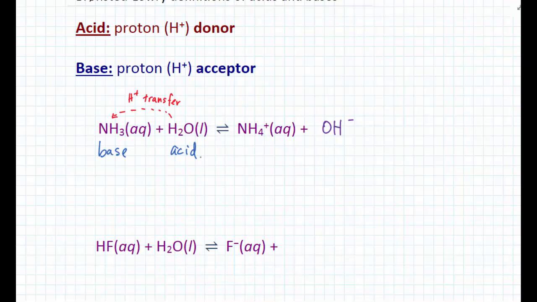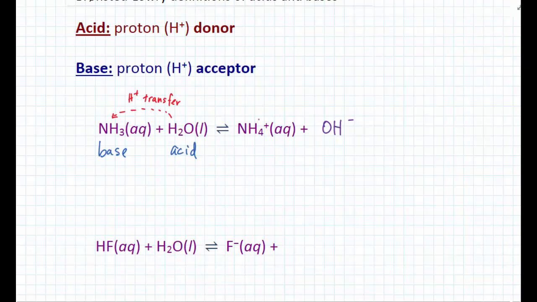And that would be the end of it if it was just a forward arrow. But this is an equilibrium. When we have those two products, the reverse reaction can also happen. So let's think of the proton transfer that would happen to make the reverse reaction. What would we have to do in order for these things to go back to NH3 and water?